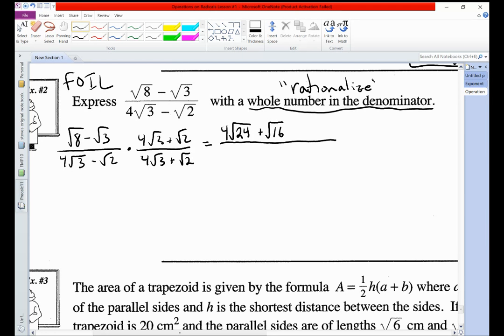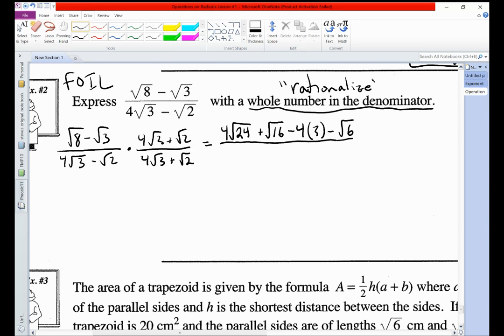And the inside terms, negative root 3 multiplied by 4 root 3. So we are going to get negative 4, and then root 3 times root 3 just cancels down to 3, which is nice. It becomes root 9, but then you can reduce it back to root 3. And then we have root 2, the last term is negative root 3 multiplied by root 2 gives us a negative root 6. There we go, that's the top.